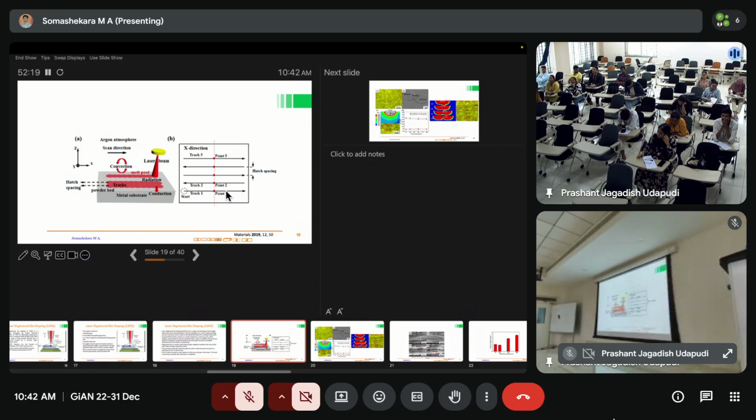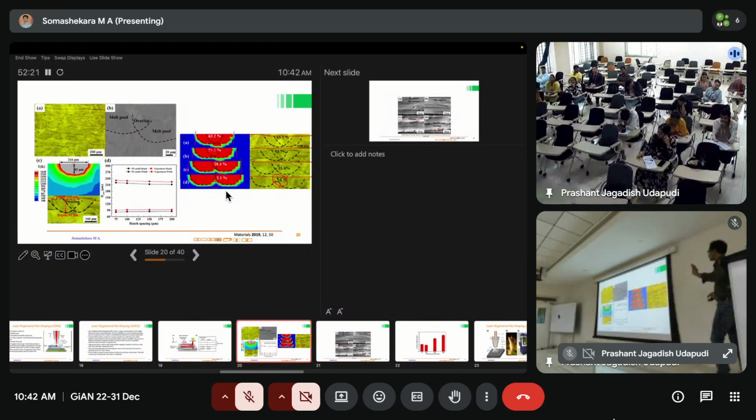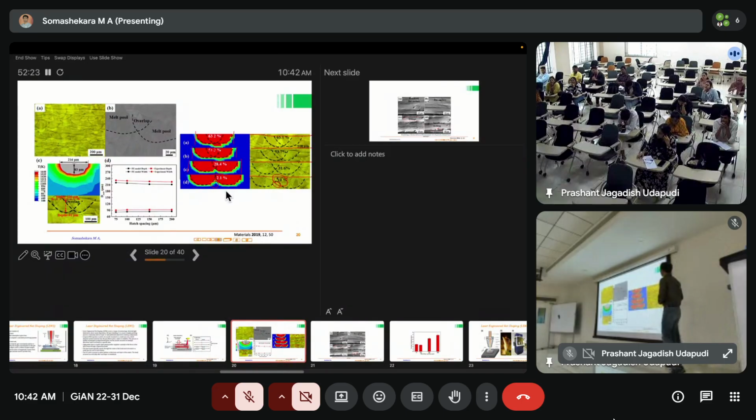Here, not just the first few layers, but as you build, it is also important, because it keeps distributing your heat. If you see some of the microstructures, like what I was talking about, if you go for more overlap, for example this is 60%, this is the first bead, and this is the second bead, you can see the overlap is actually 63%.